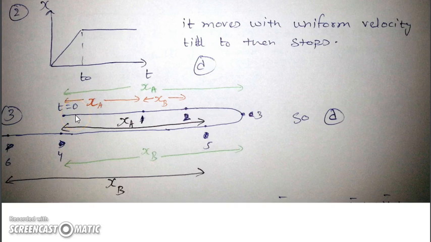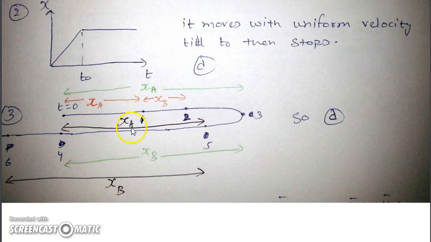The third case can be that it reaches till point number 5 in the first 10 seconds, and then in the next 10 seconds it will obviously move to a farther point 6, because from 5 to 6 it is continuously speeding up, but from t equal to 0 to 5 it will be slowing down till 3 and then speeding up.